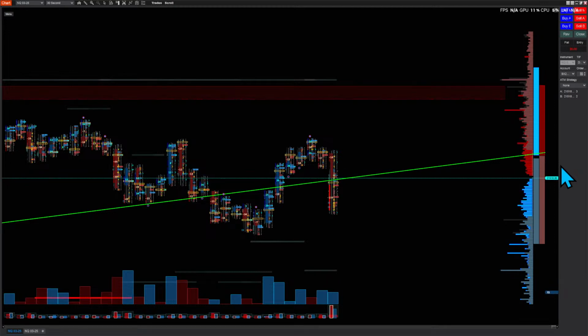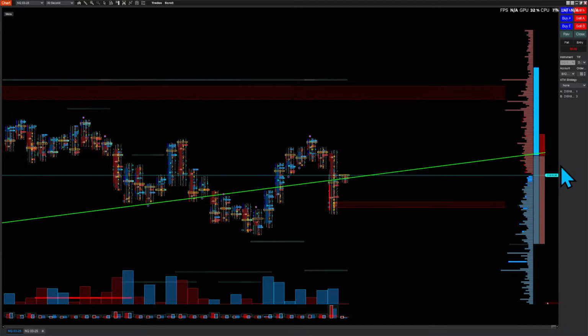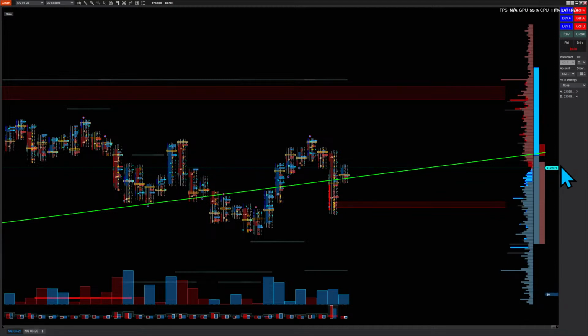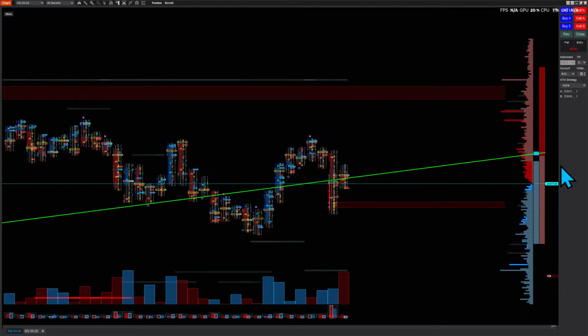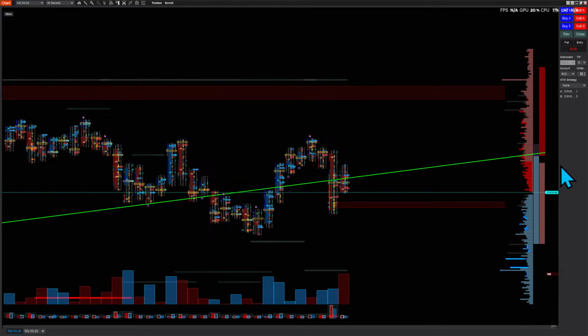Basically the NinjaTrader platform is reluctant, let's say, not able to use the level 2 indicators, that they actually have a heat map, right?